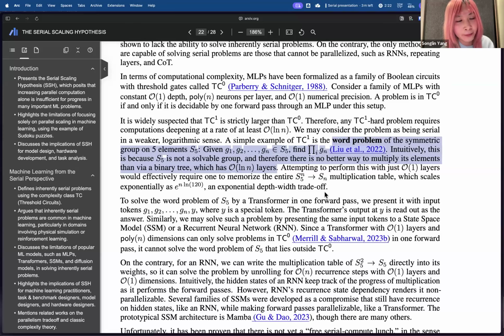They only show some interesting parity tracking results, but that problem itself is within the class of TC0. That makes a lot of sense. Thanks, Songlin. That would be an interesting piece of literature. Can you put the link in the chat? I can put the link.